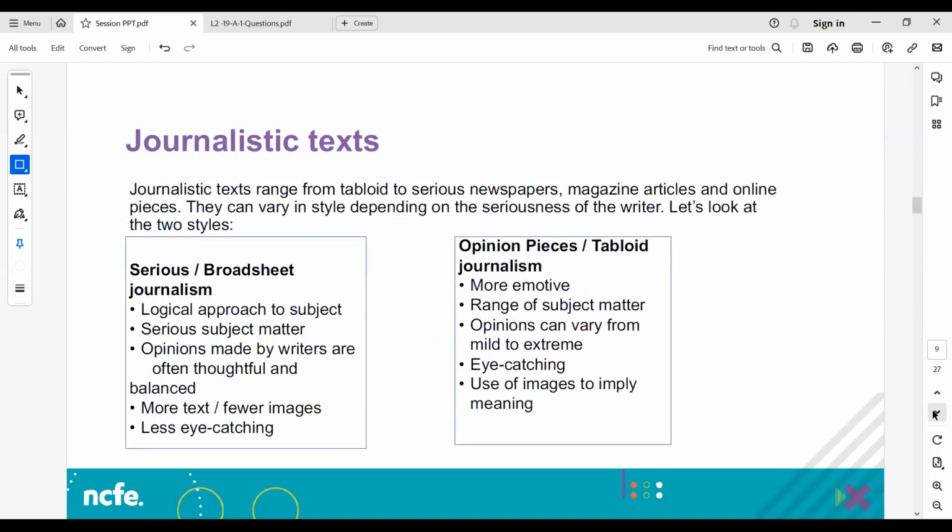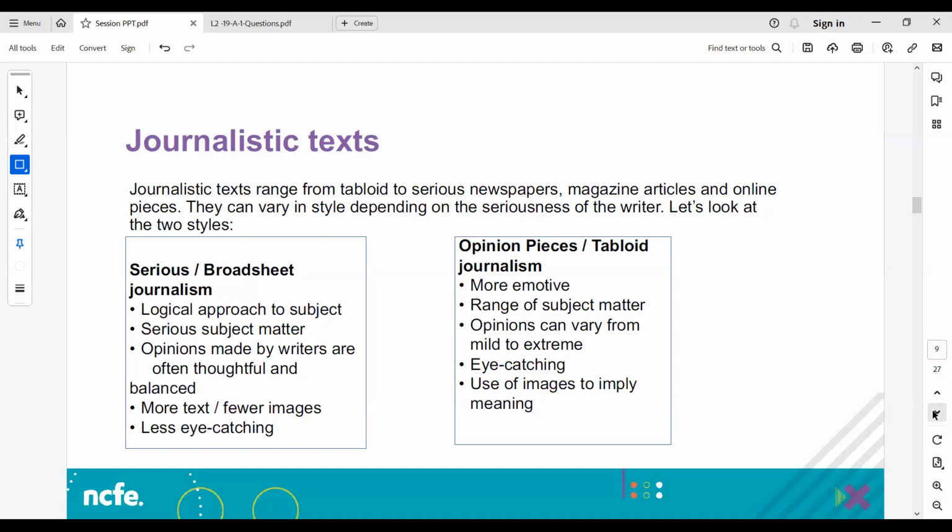So journalistic text, so magazines, newspapers, news websites, and there's various styles depending on the seriousness of the writer and also depending on the audience and what the writer is trying to achieve. So two main styles that traditionally would be looked at would be serious or broadsheet journalism and opinion and tabloid journalism.